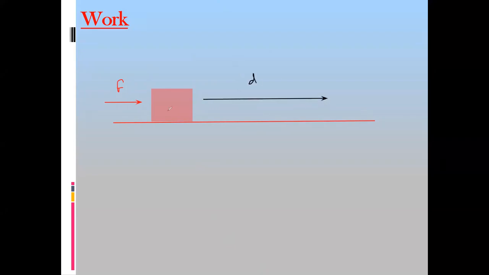So if we want to calculate work done, the definition of work done is force multiplied by distance. So in this example, the work done will be equal to F into d.